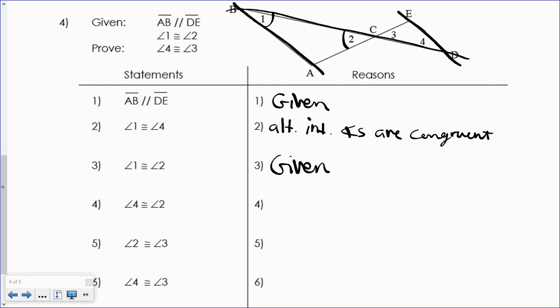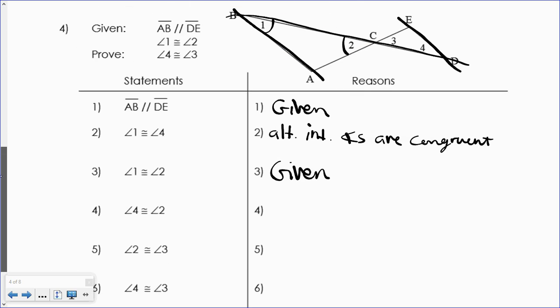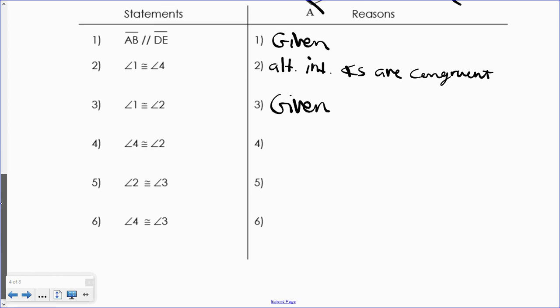Alright, so based on what I have so far, why would 4 be congruent to 2? Four and 2 have no relationship in the picture, so I can't use the picture. Look at the other steps you have in the proof. Why would 4 be congruent to 2?